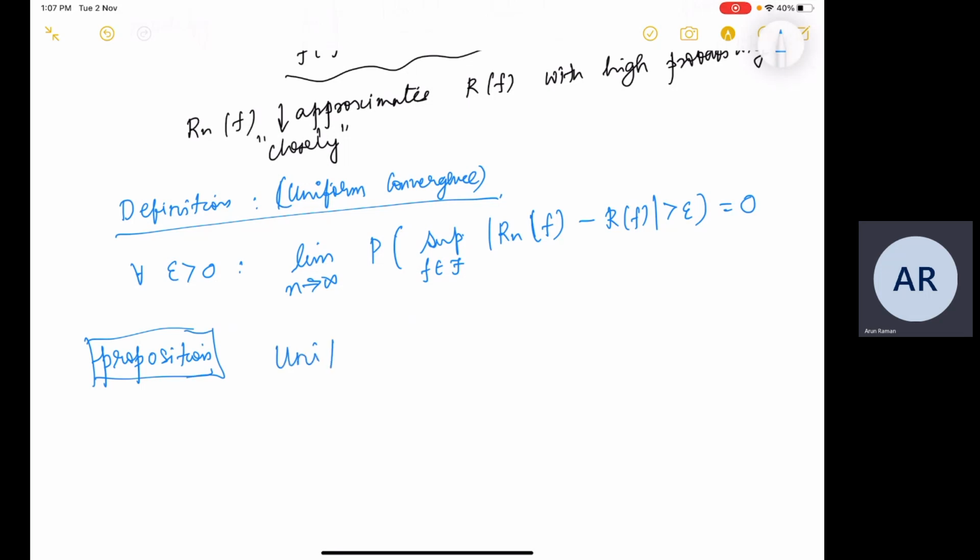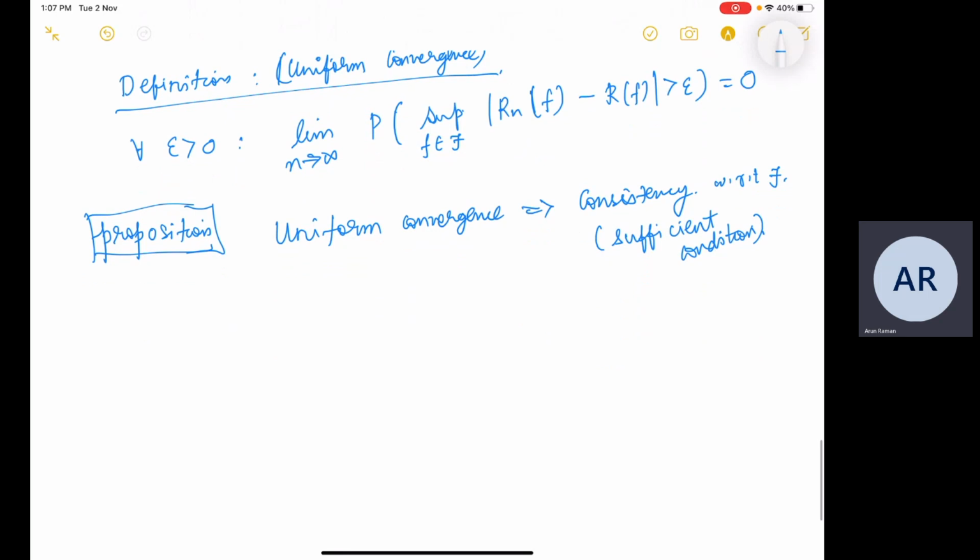It says that if we have uniform convergence, then we will have consistency, with respect to F. So this becomes a sufficient condition for universal consistency with respect to F. Since we are talking about estimation error, we will only be talking about this.